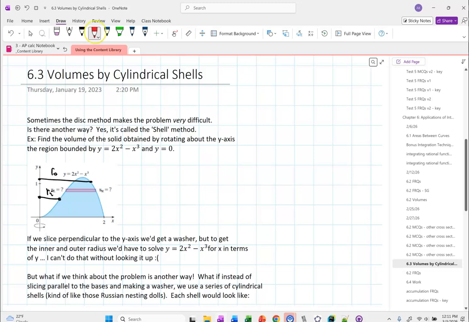Let's see. I'd probably have to divide this area into 2 chunks and do the volume of this area rotated and then this area rotated, and then add those two volumes together. Ugh.